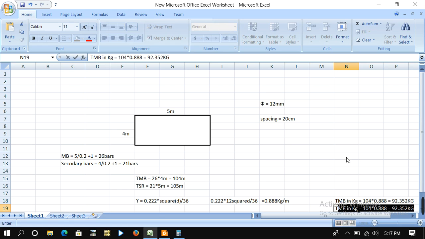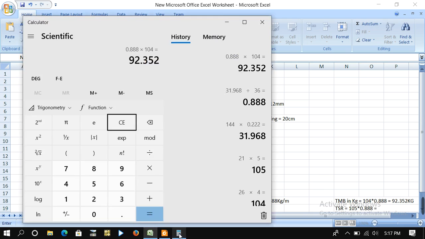How much can we calculate? 0.888 multiplied by 105 is 93.24, so 93.24 kg.